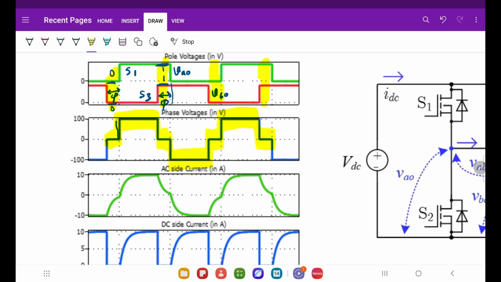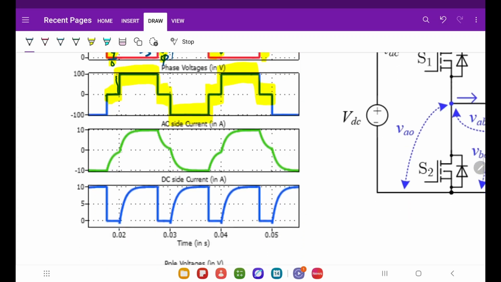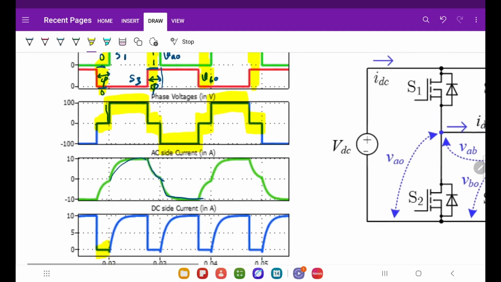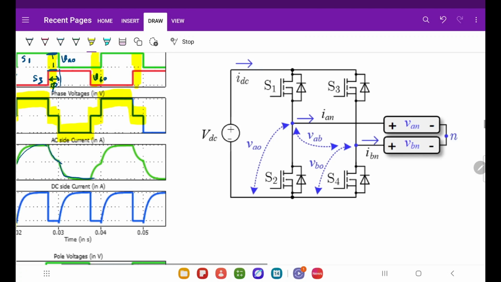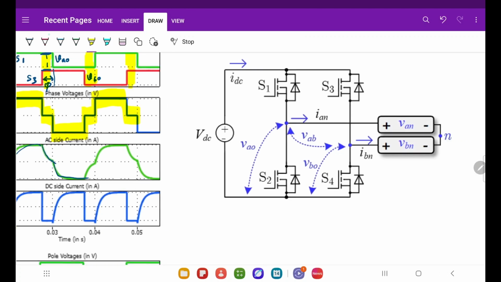Okay, this is the quasi square wave. Now in this quasi square wave, this is the AC side current. If we look at the quasi square wave, the AC side current will now be like this. And the DC side current will be like this. During the zero period, what will happen? The DC side current will be zero, because during the zero period, S1 and S3 are both either turned on or turned off.